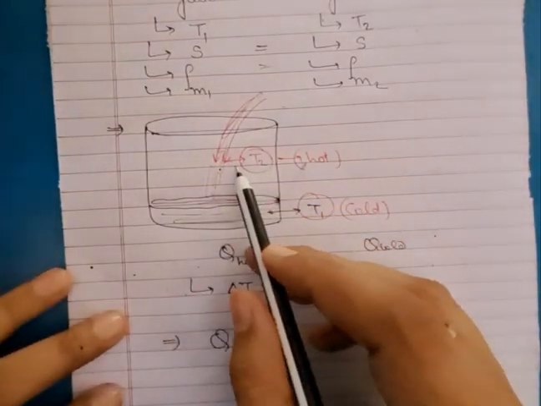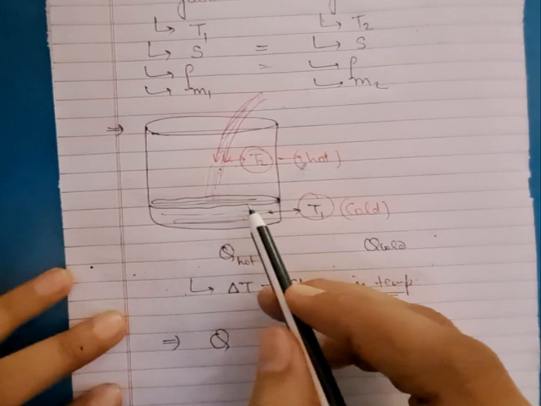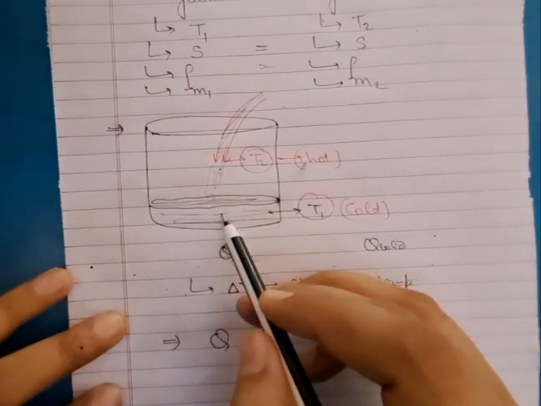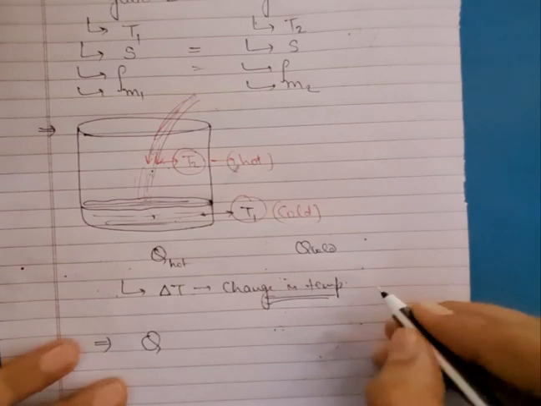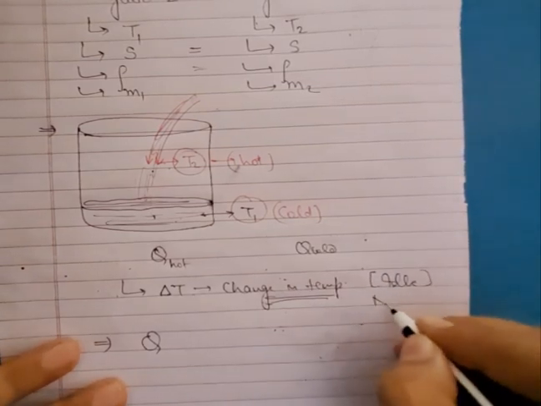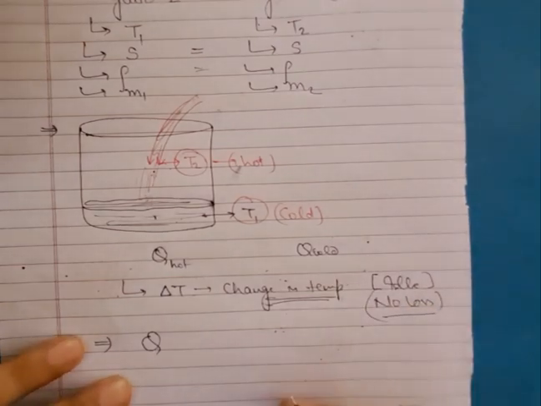So this hot water will lose some of the heat energy and this heat energy will be transferred from the hot substance to the cold water, that is the water at temperature T1. Let us consider the condition is in an ideal state, meaning no loss has taken place.